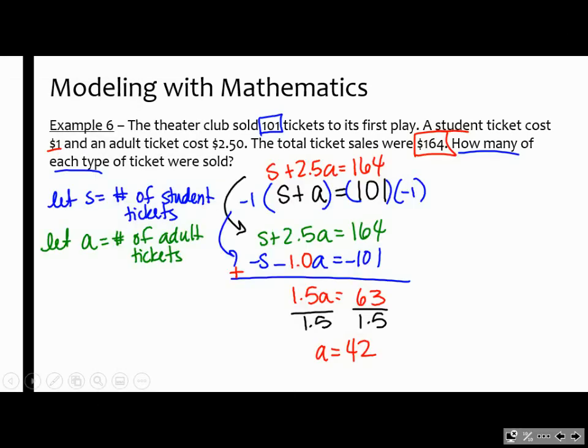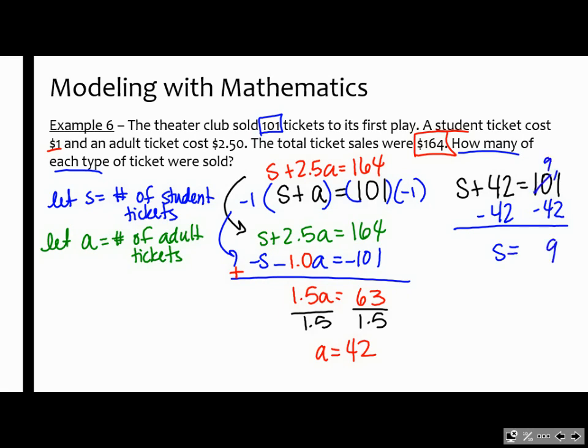Of the two equations that we wrote, that one in black looks really easy to solve. S plus A, but 42 is A, so S plus 42 equals 101. Subtraction property of equality, we'll subtract 42 from 101, leaving me with 59 student tickets.